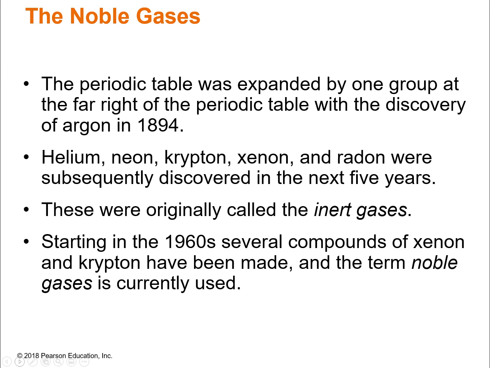And once they were discovered, the periodic table was expanded. These gases were originally called inert gases because it didn't seem like they did any kind of chemistry. And by and large, they don't really want to do chemistry with anything, but you can make compounds with xenon and krypton. So we call them noble gases because they don't want to mix with just any old body.